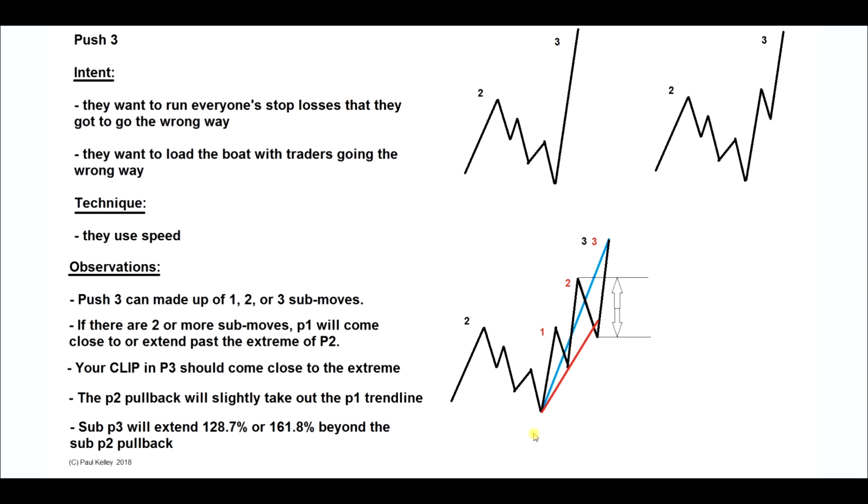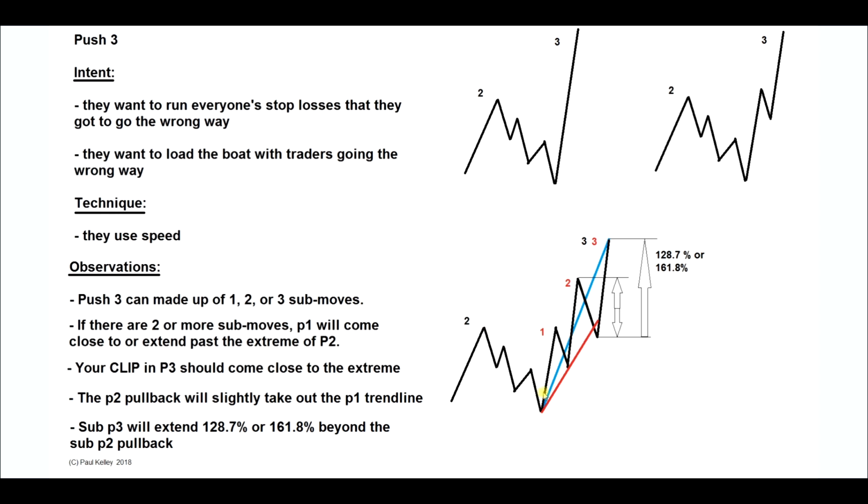What that means is, your push 2 pullback, you measure that distance and you put your fib on it and extend it up. It should come up to 128.7 or 161.8 of this movement right in here. Not this, not the push 2 pullback, but the push 3. It's the sub push 2 pullback that you're measuring. It's much more accurate than this one.